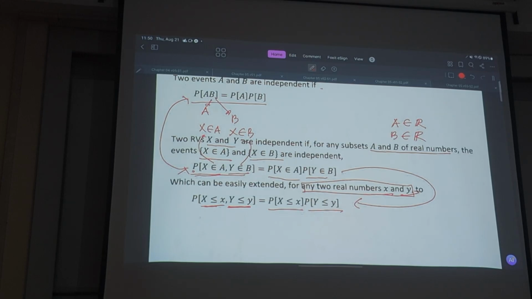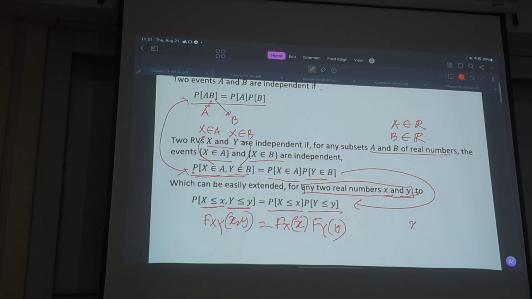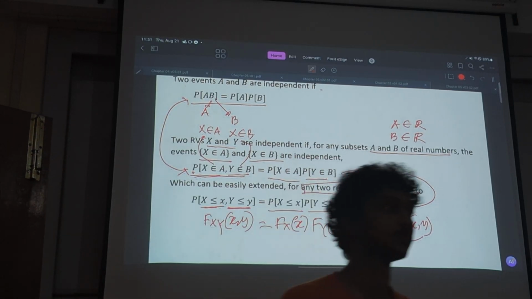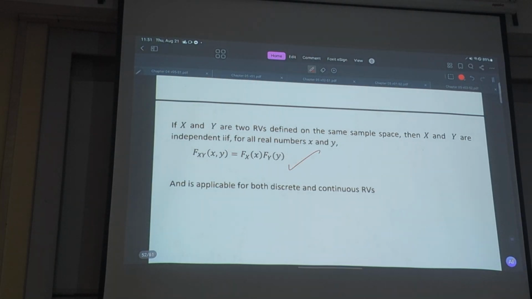And what is the next simple extension of this? Two random variables X and Y are independent if for any points x, y on the 2D plane the joint CDF is equal to the product of the individual CDFs. That's what we have.